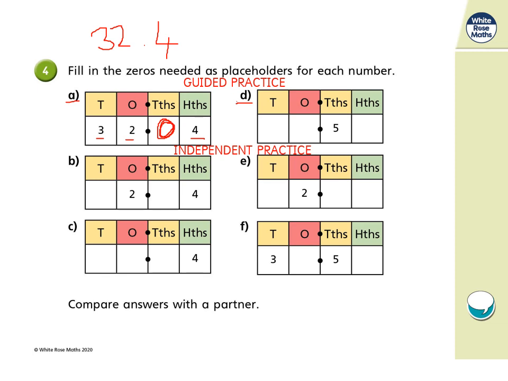Okay, with D then, again, I need to fill in the placeholders for each one. Now, I can see that I don't have any tens, and I don't have any ones. I do have 5 tenths, but I don't have any hundredths. So I could put placeholders in the tens, the ones, and the hundredths.